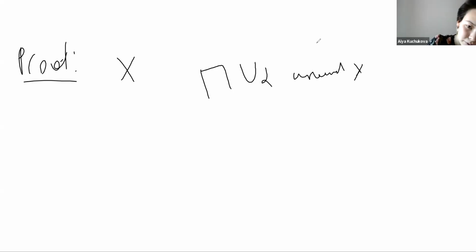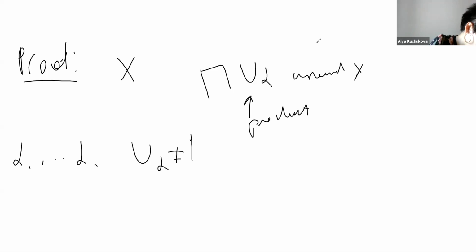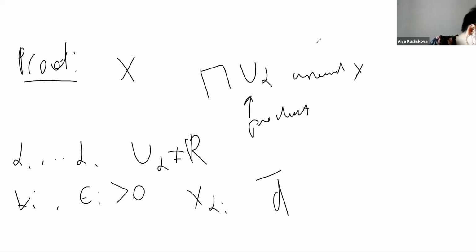So this is the product topology. Let alpha_1 through alpha_n be the indices for which U_alpha is not equal to R. Then for each i, we choose epsilon_i bigger than 0 such that the epsilon_i centered ball at x_alpha_i in the d-bar metric is contained in U_alpha_i.